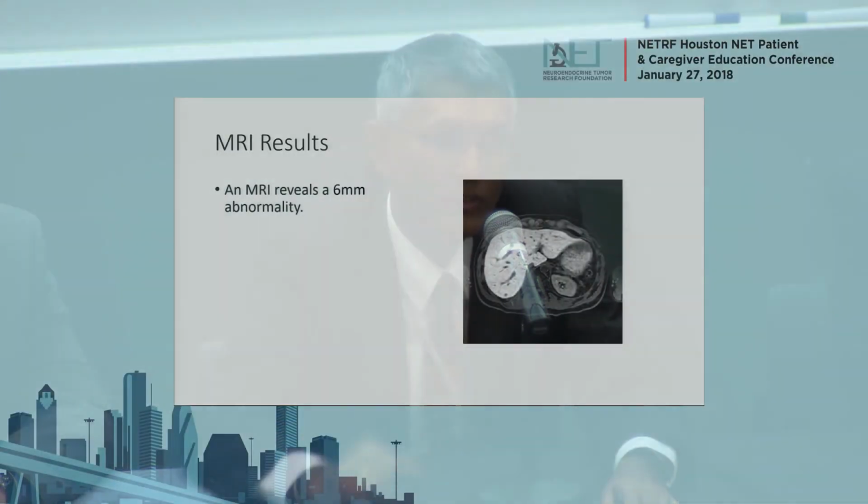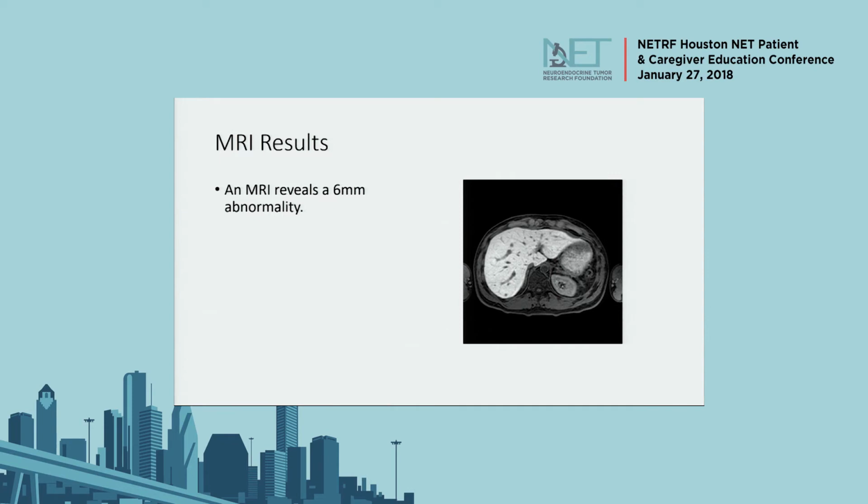So he comes back 6 months later and has another scan. Now that 1 centimeter lesion hasn't changed, and there was another 4 millimeter lesion that just appeared somewhere in the liver. So the question was, what is this second lesion and what's happening? They ordered a DOTATATE PET CT, and the patient had almost 50 lesions.